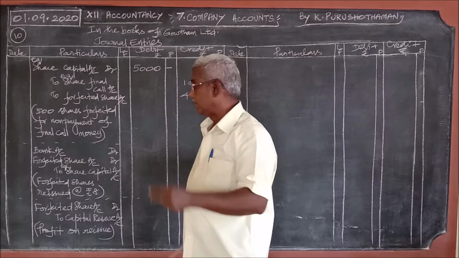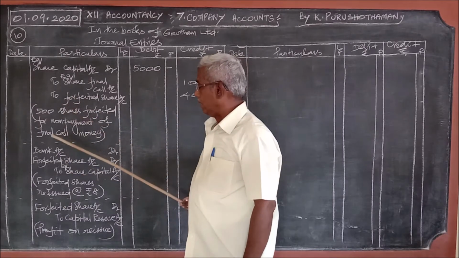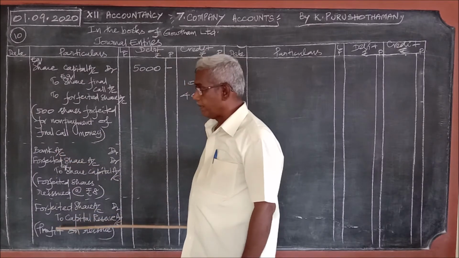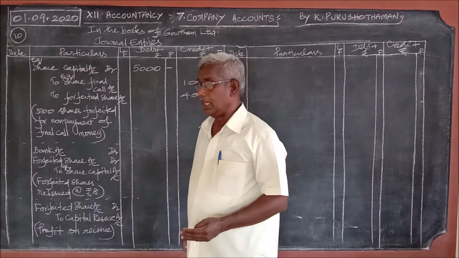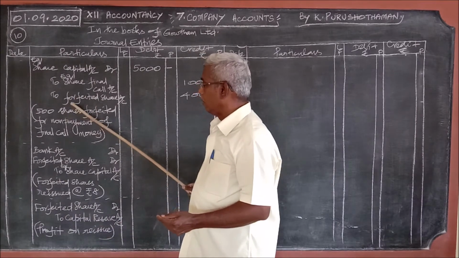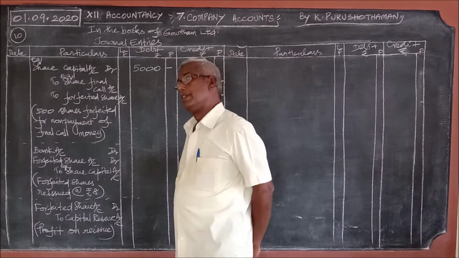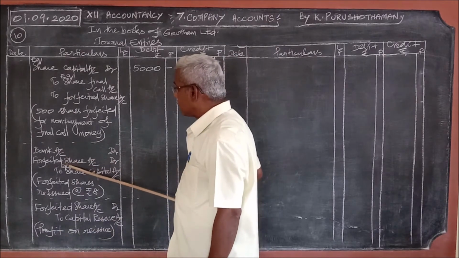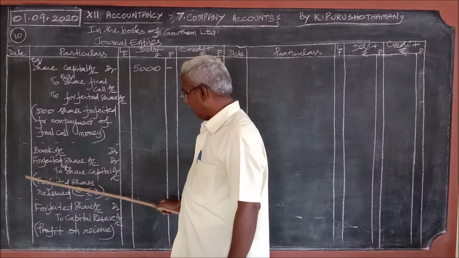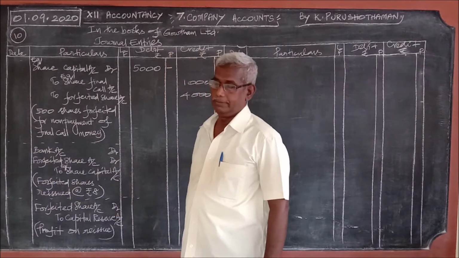You must remember. In case the question asks to pass journal entries for forfeiture and reissue, you will pass 1 plus 2, 3 journal entries. So how to fill up this forfeiture, and why is there a journal entry like this? You should listen carefully.